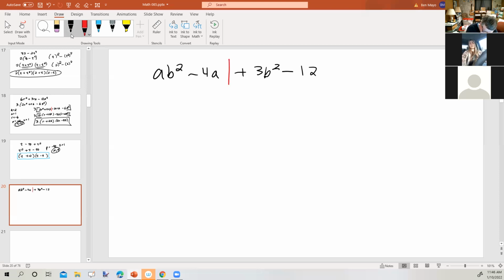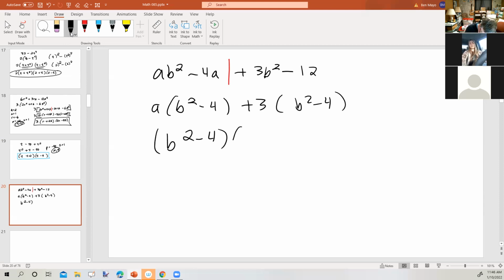If I group it just like it is, the greatest common factor of the first 2 terms would be a, and it'd have a b squared minus 4 left over. Can I pull out a b squared minus 4 for the leftovers for the second part, plus 3? Yeah, I can. So now I've got b squared minus 4 times a plus 3.